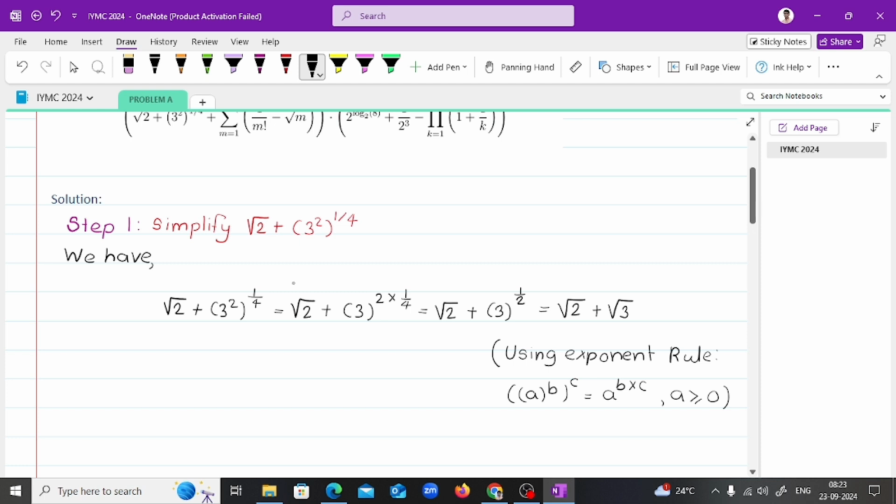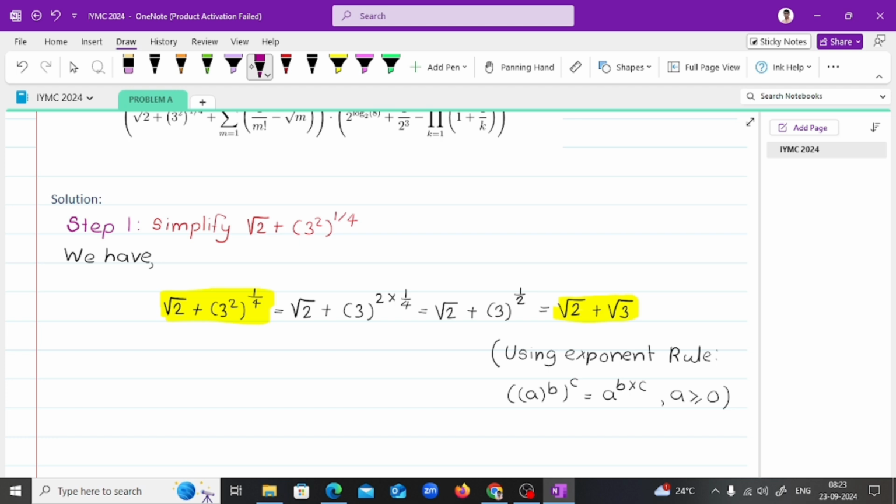Okay, so now we have found the value of the first two terms from the first bracket. So I will highlight them. We will use this value to calculate the value of the first bracket in step 2.